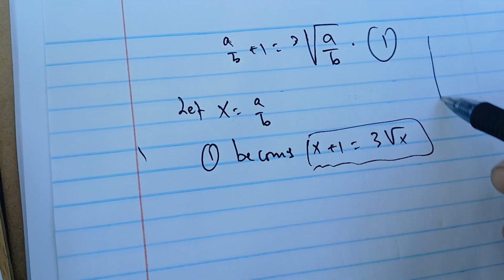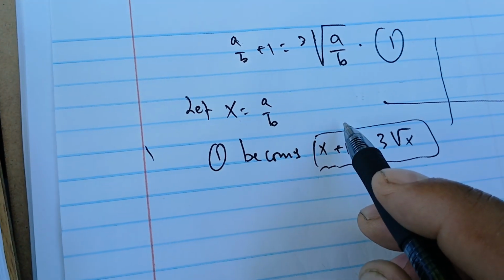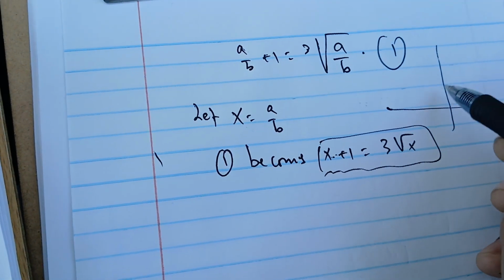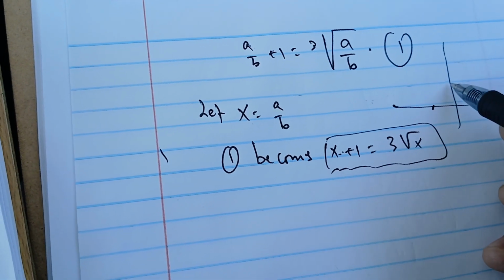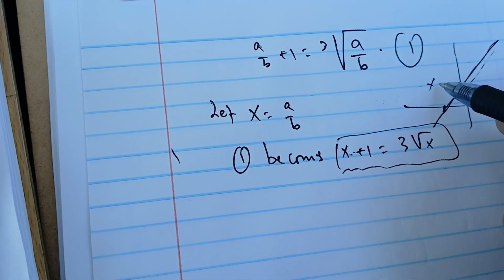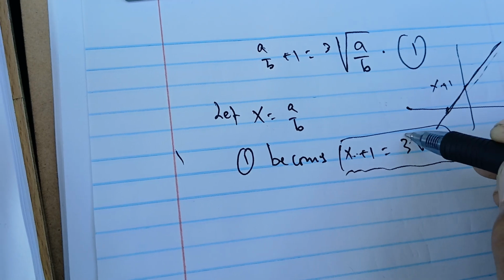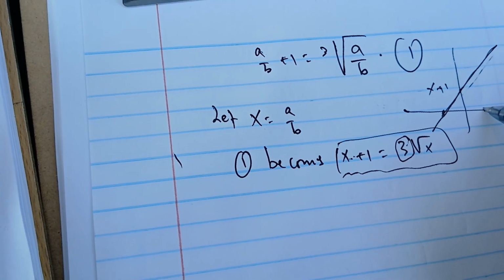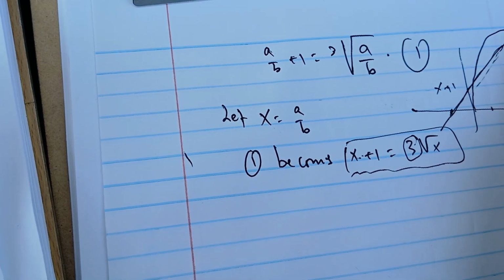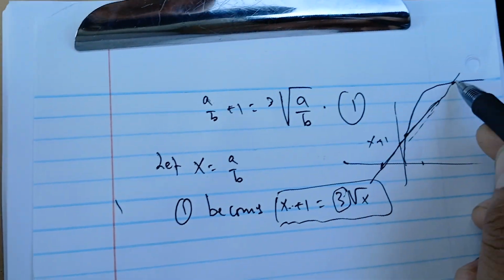We can graph these two. The equation here, x plus 1, is going through minus 1, 1. And the square root of x, since it's scaled by 3, is going to jump a bit. So it's going to go up and go down. So we see that we have two solutions.